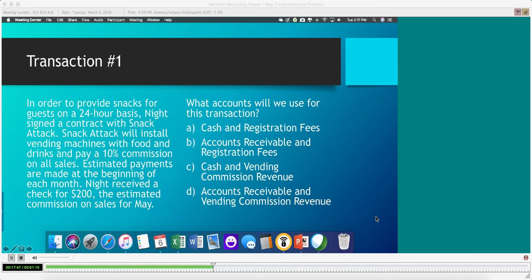Estimated payments are made at the beginning of each month. Knight received a check for $200, the estimated commission on sales for May. So what accounts are we going to use for that? So he's already received a check.